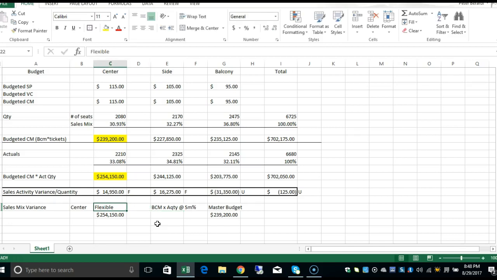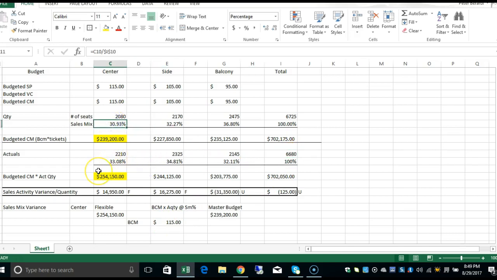So in other words, you're going to take the budgeted contribution margin, which equals the 115 for the center, and you're going to multiply that by the actual quantity at the sales mix percent. The actual quantity of center tickets sold was 2,210.